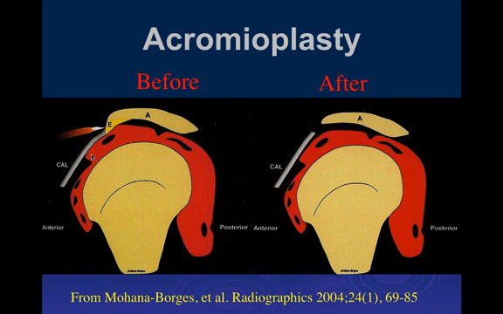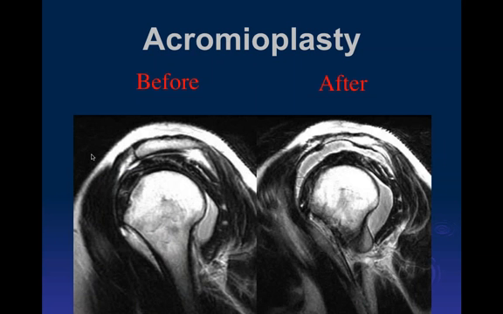Sacrificing it is really not that important, except some people have reported that you get subluxation anteriorly by doing that. I don't know how real that is. I've never seen it personally. But you don't try to shave that acromion too much, because you'll get fractures and all kinds of problems.